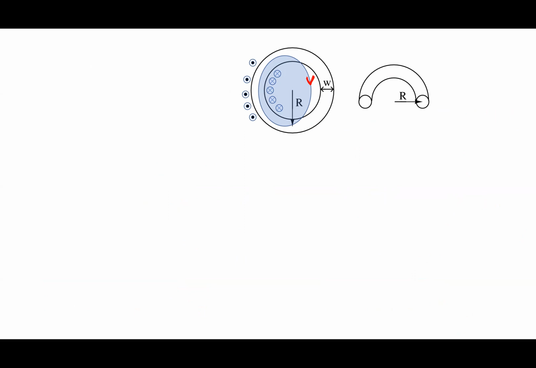Exactly. So it's not epsilon, but the mu of the core is much, much greater than the mu of the air, and the mu of the air is equal to mu naught. Because of that, the B field stays inside here.